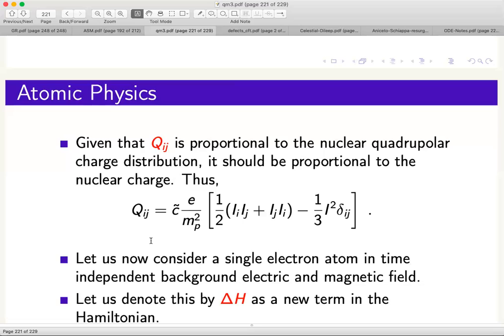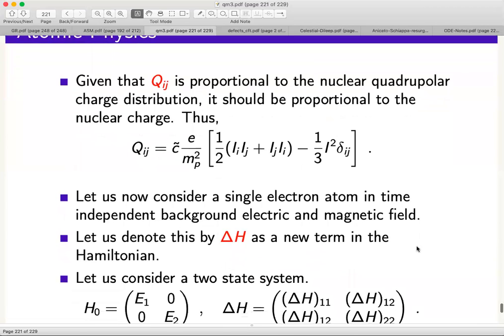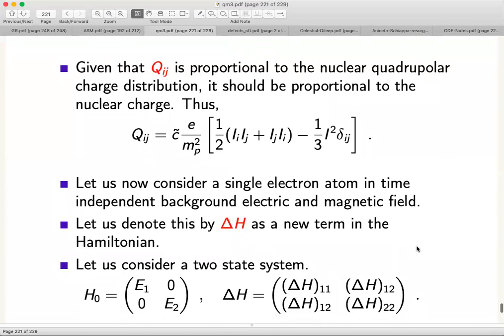To understand that, we can look at a simpler toy model problem, just to figure out under what circumstances we would be using degenerate perturbation theory versus non-degenerate perturbation theory. So let us consider a simple two-state system.